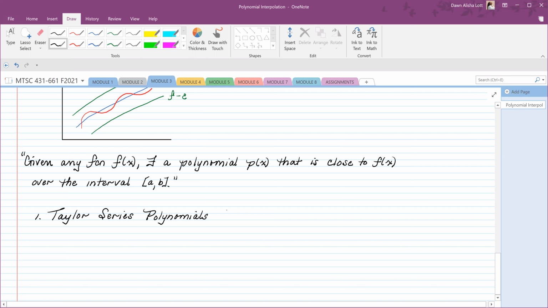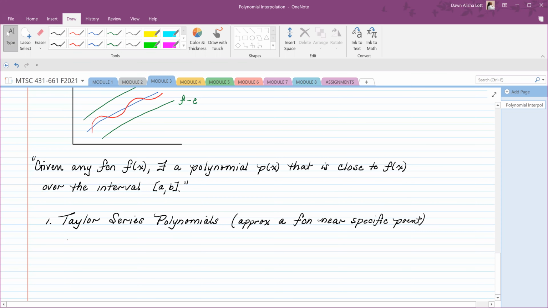All right, so these approximate a function near a specific point. Okay, so let's say my function f of x, everybody has seen this example. If you haven't, I would be afraid.